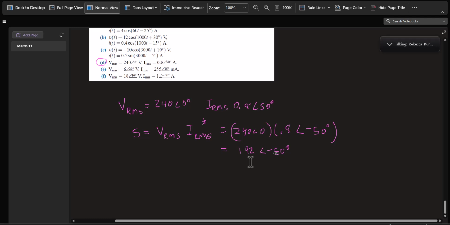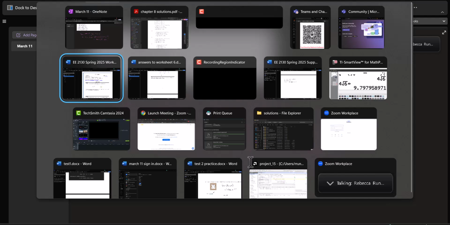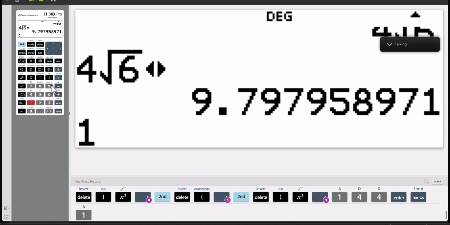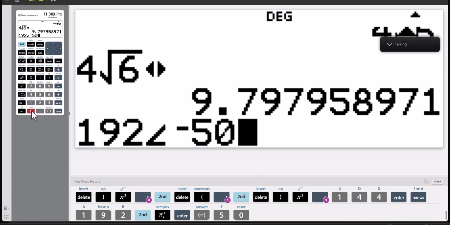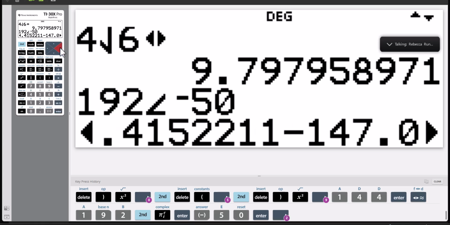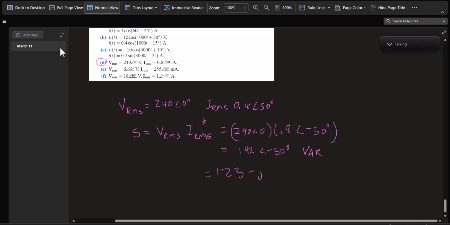So this is the complex power, so that's VAR. And then what I do with that is I get that it's 123 minus J147 VAR.